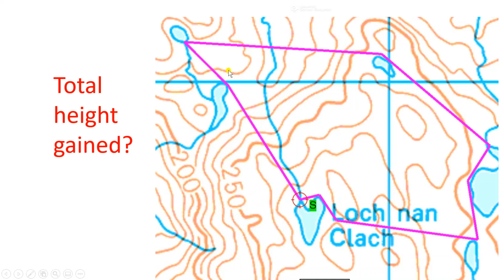It's not till we get to this point here that we actually go up a contour line. We'll go up one there, and then we cross it again coming down, and that's down as well to that one, and then we don't start to go uphill again. So we get to there, and from there, there, there, there, all uphill.